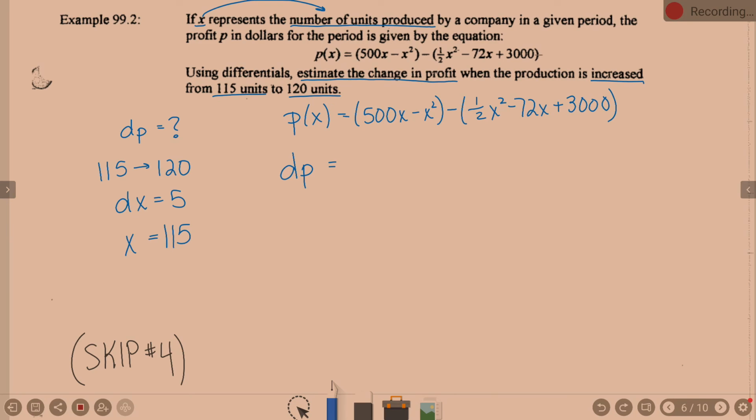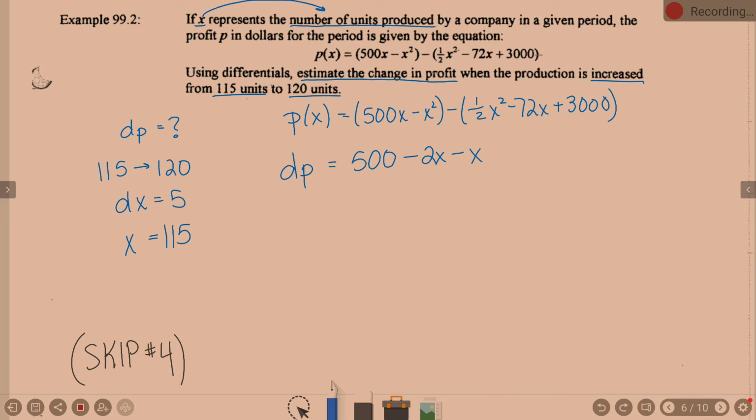These are just all terms added and subtracted. Do keep in mind that the subtraction sign is going to be distributed, as Ross mentioned, so I'm going to keep that in mind. Derivative of 500x, 500. Minus the derivative of x squared, minus 2x. Minus the derivative of 1/2 x squared, minus x.